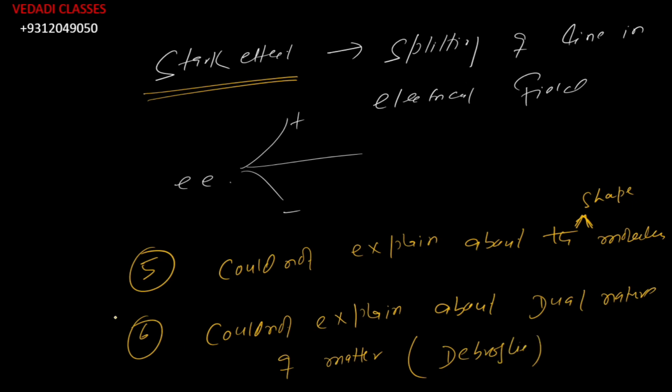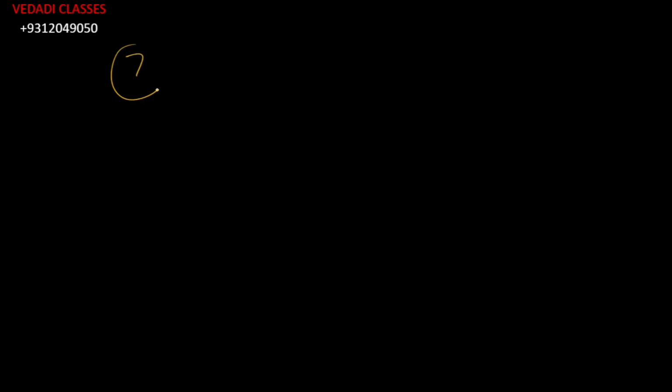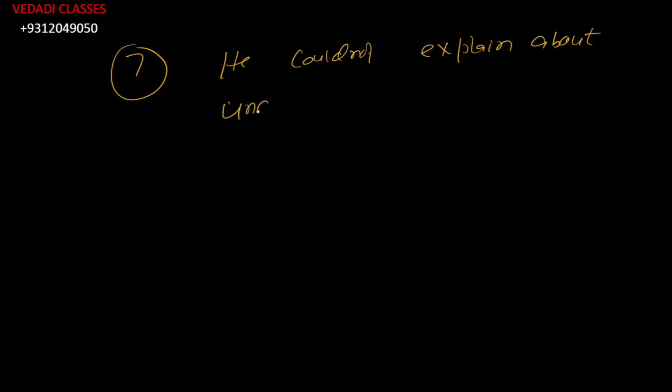And finally he couldn't explain the uncertainty principle, which was later given by Heisenberg. So these were the drawbacks of Bohr's atomic model.